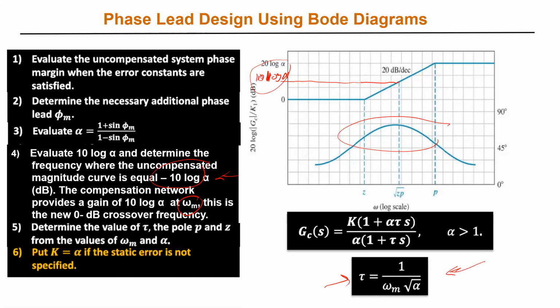The last thing I will do is set k equal to alpha, so that the compensator has no effect on the system steady state error. I will force Gc of 0 equal to 1 by selecting k equal to alpha.